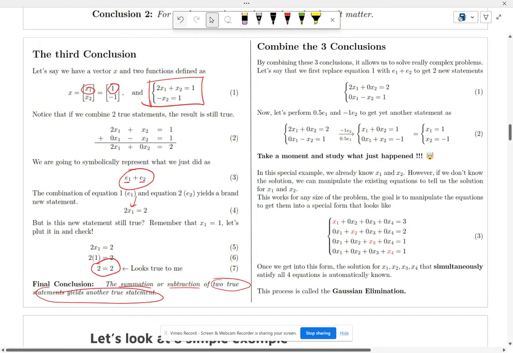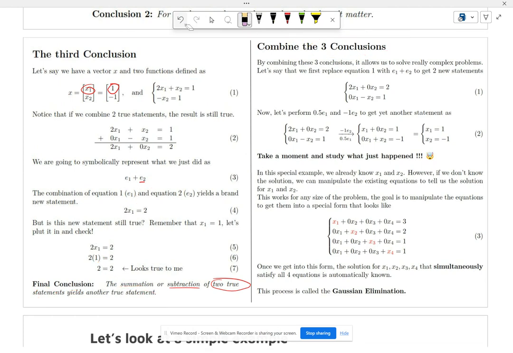Now, let's combine all 3 conclusions. Remember, we combine equation 1 and equation 2, and we're going to let equation 1 plus equation 2 equal the new equation 1. So, the new equation 1 is going to be right here. And we're going to keep equation 2 the same.